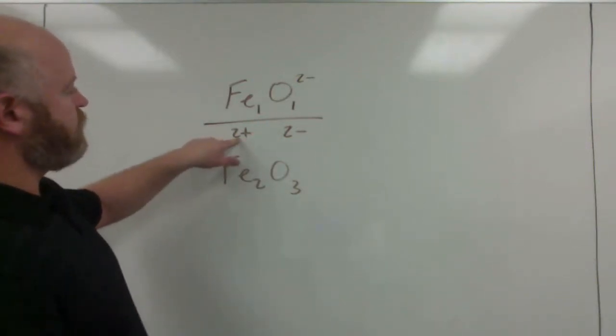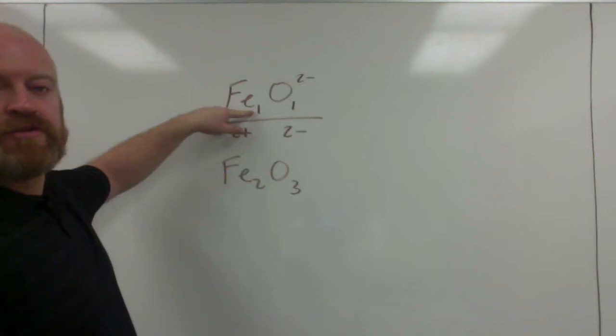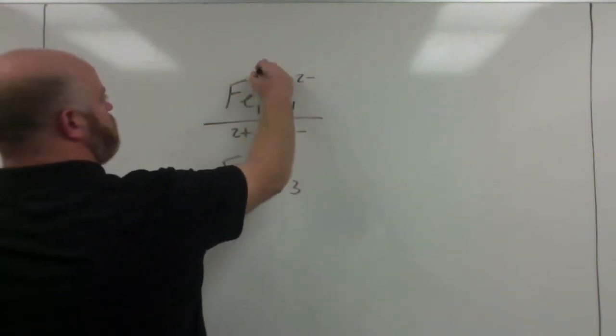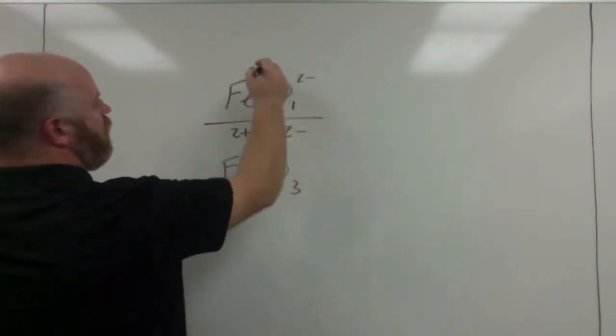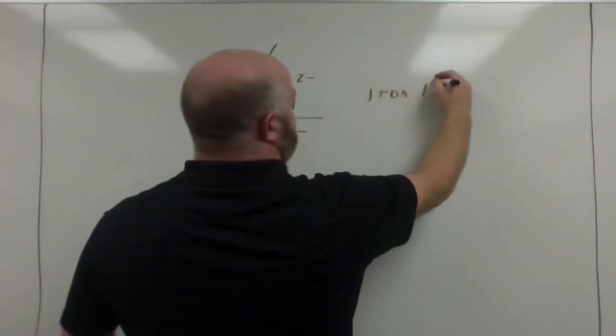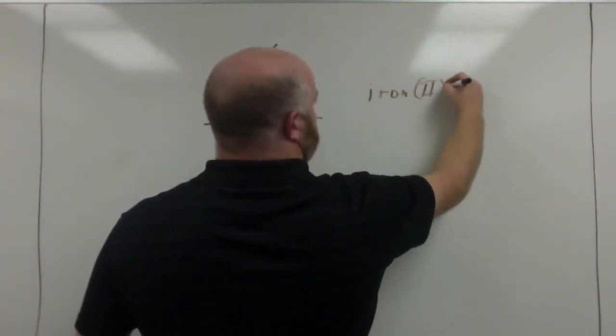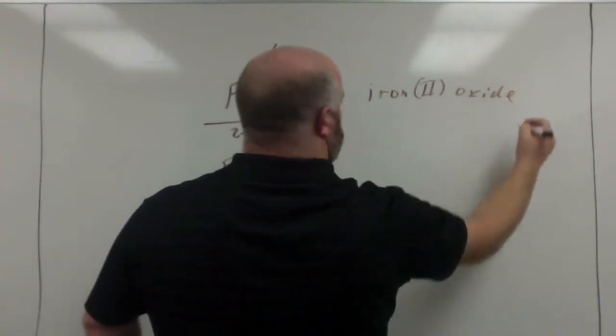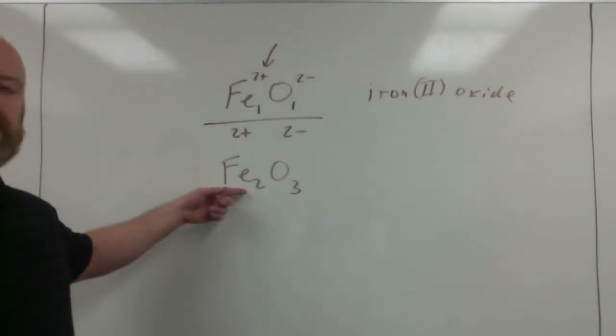Well, the total positive charge has to be distributed over just 1 iron, so the iron has to be a 2 plus. So now that we know this, we can say that this is iron 2 oxide.